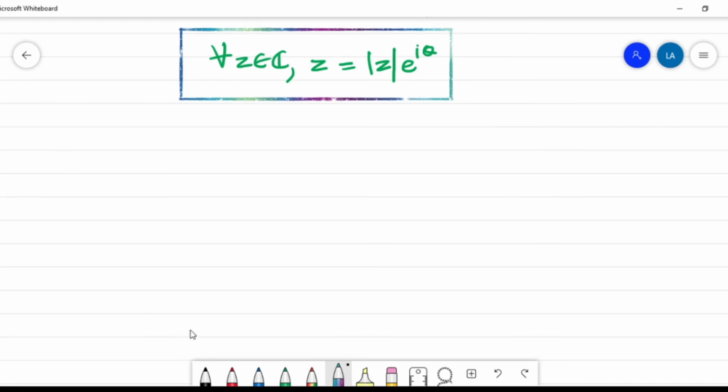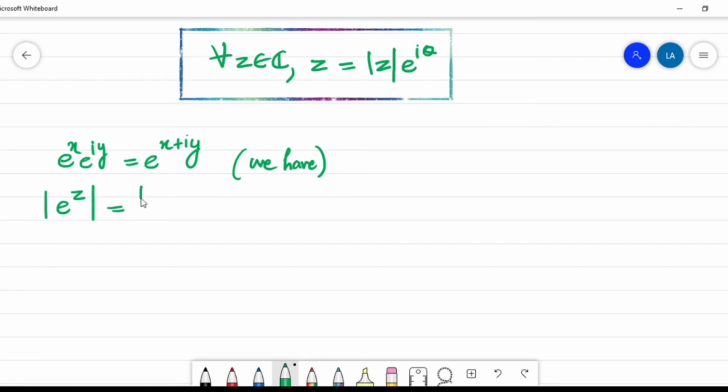Okay. We have earlier obtained that e raised to x into e raised to iy can be written as e raised to x plus iy. Okay. So think about modulus of e raised to z. This we have proved.